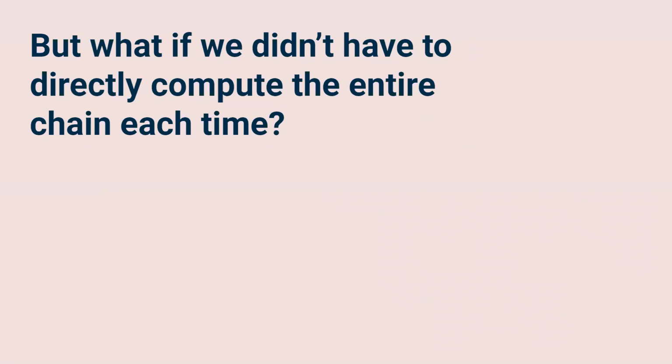We talked about this expensive computation, the huge, long chain rule that we have to compute. But the first question we have to ask ourselves is, when we're computing these chain rules, do we actually have to compute the entire chain rule each time?